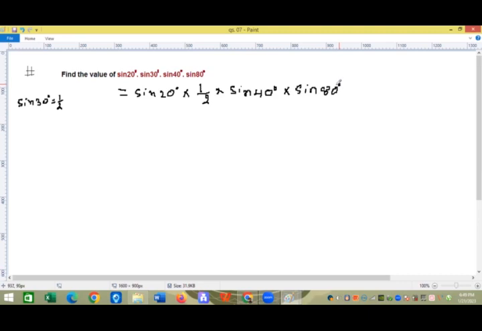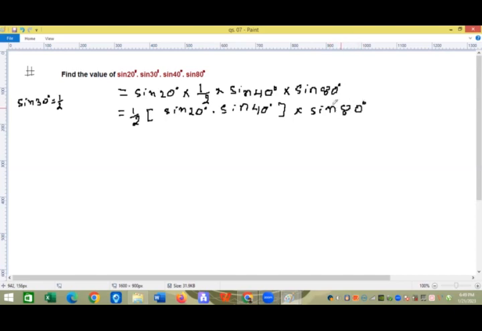All right. So 1 by 2 is a number, so keep it aside over here. What I'm doing at this point is taking sine 20 degrees and times sine 40 degrees, these two sine ratios together, and then times sine 80 degrees.